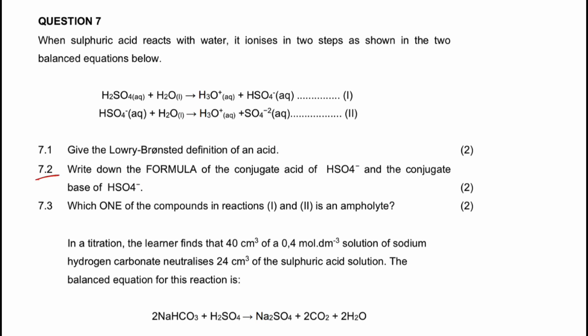Now 7.2 says write down the formula of the conjugate acid of SO4 and the conjugate base of H2SO4.